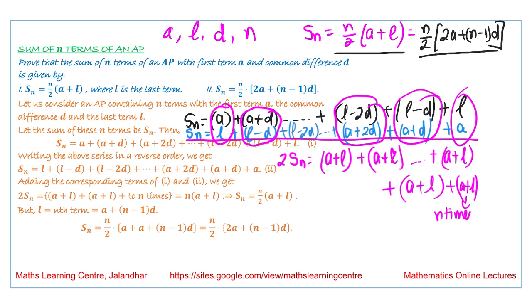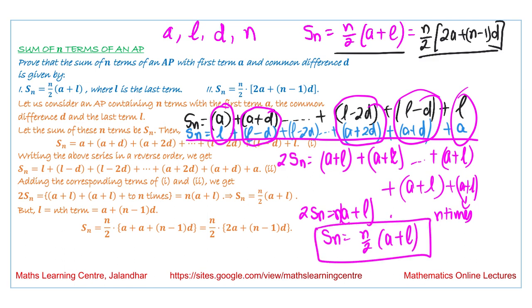So 2 times Sn is equal to (A plus L) into n. So the value of Sn is n by 2 into (A plus L).